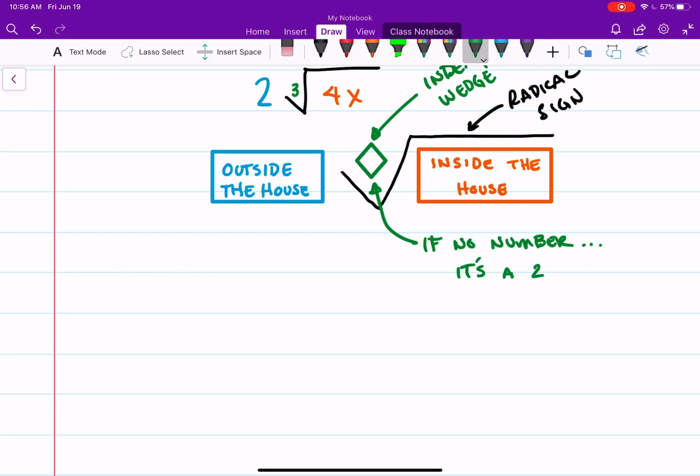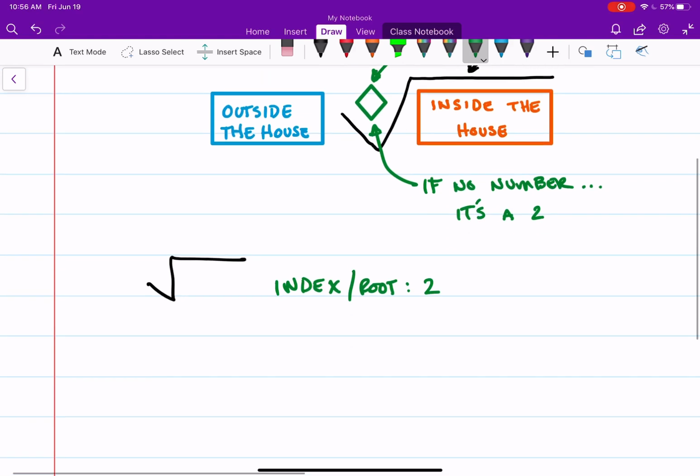So when you see just a sign like this, it means that the index or the root is a 2, because you don't see anything in that wedge.